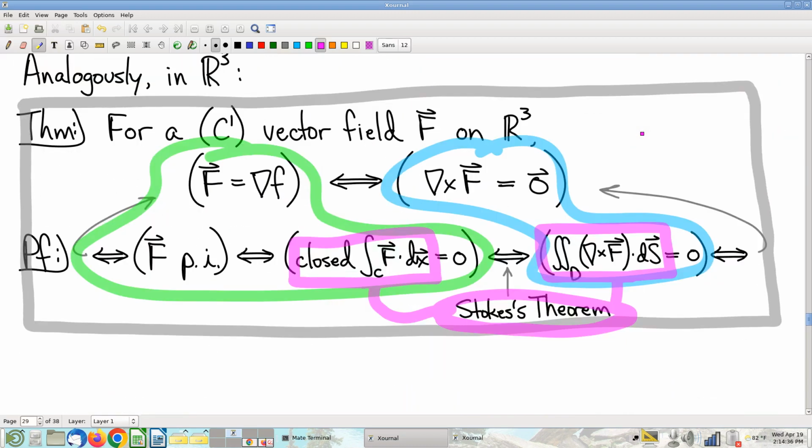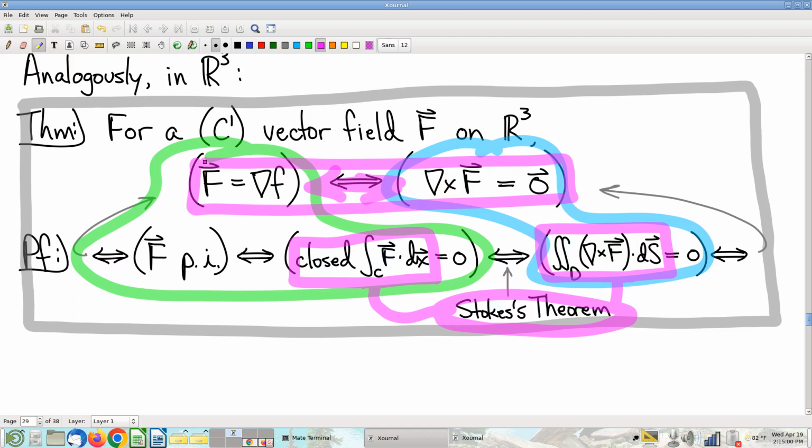The analogous thing in 3 dimensions is Stokes' theorem, and so different test results. Our test for conservativeness, if you want to use that language, is whether the curl is equal to 0.